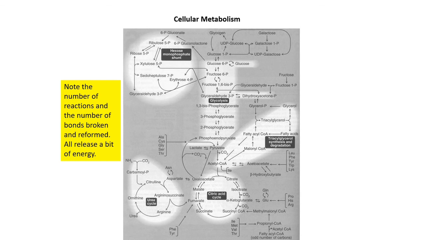But as you can see, with all these little arrows, these are the conversions or transformations undergone to extract the energy from these original molecules, such as glucose and glycogen. And there are a number of reactions, and every time you have a reaction, when a bond is broken, you lose a tiny bit of energy, which is heat.